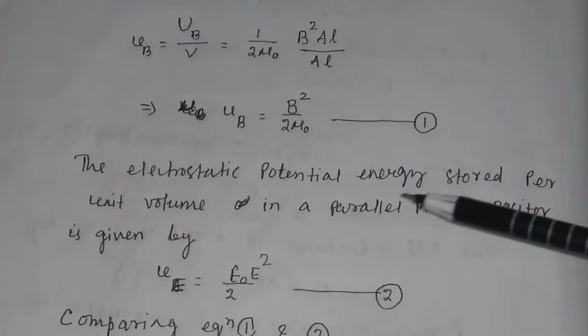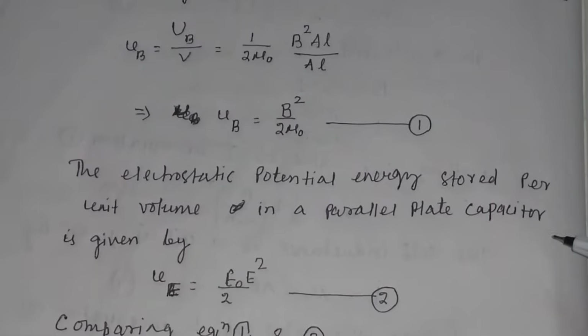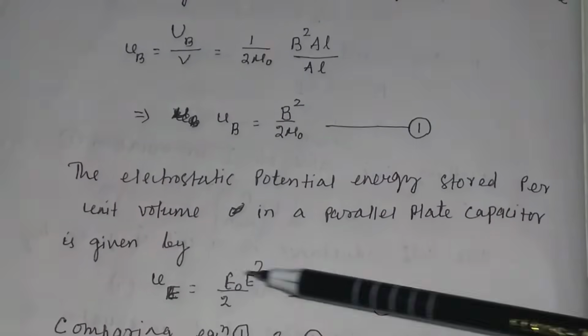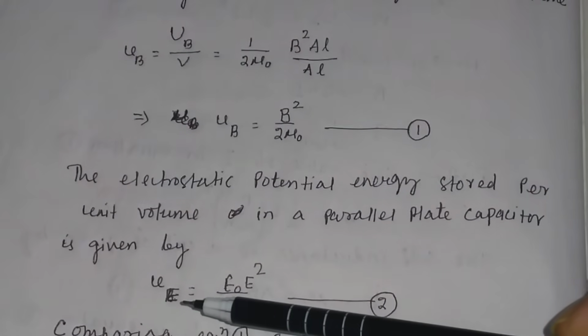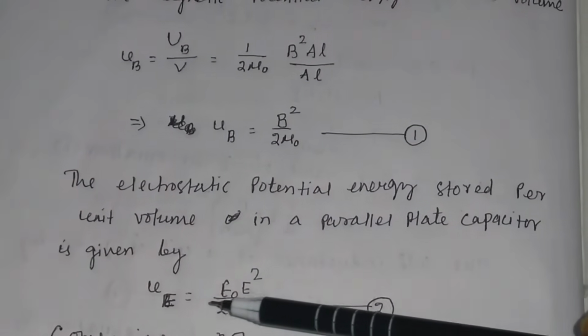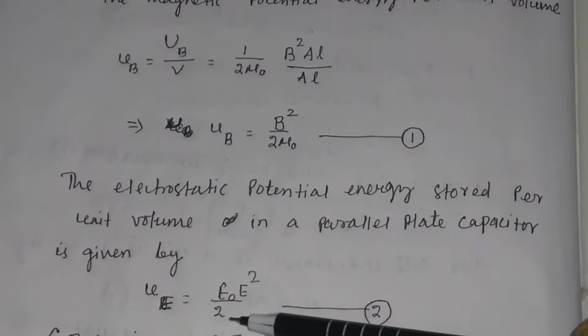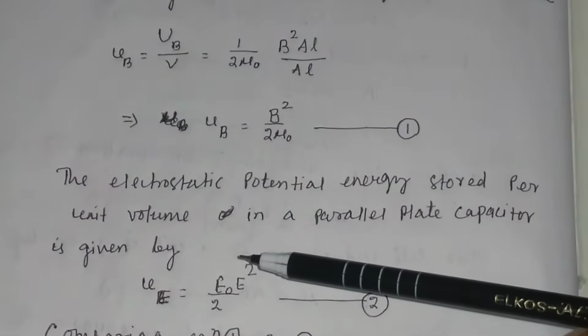The electrostatic potential energy stored per unit volume in a parallel plate capacitor, let us represent it as UE, is equal to epsilon 0 E square divided by 2. We have derived it previously.